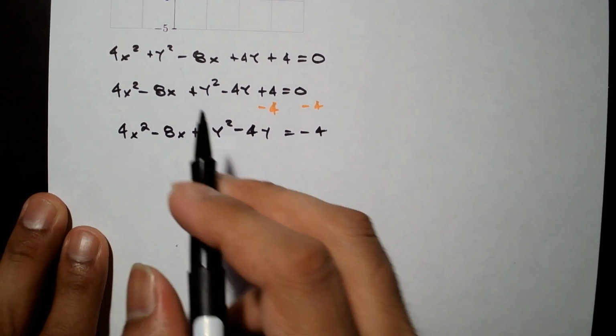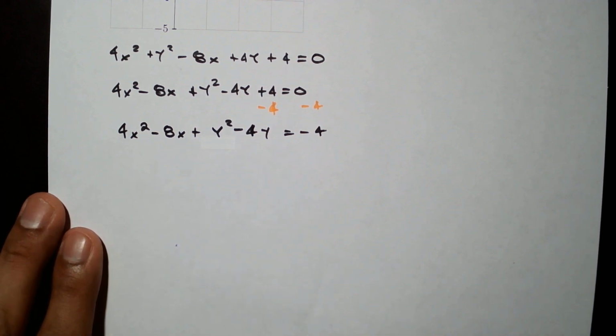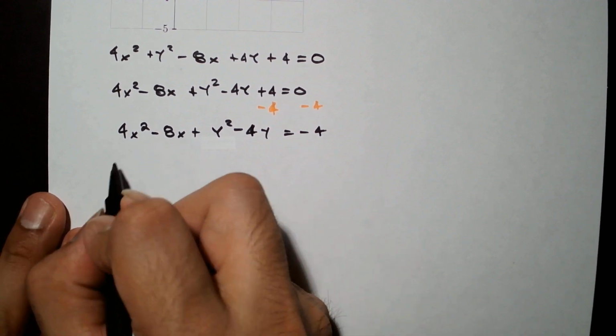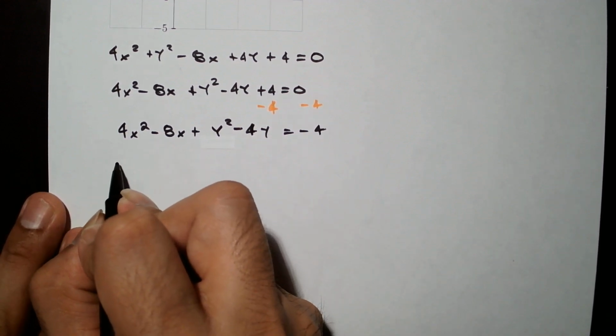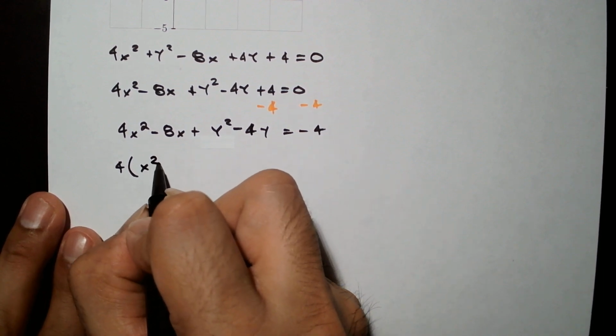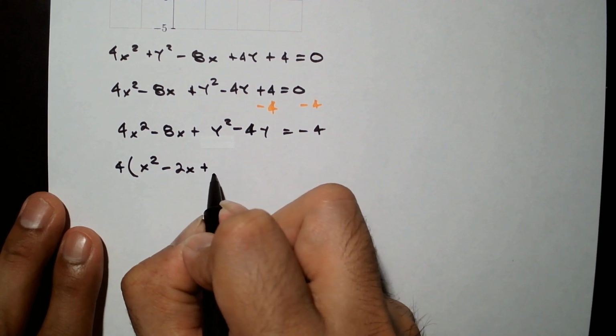Okay, so first, I need to make sure that the leading coefficient for the variable x is 1. So what I'm going to do, I'm going to factor the leading coefficient 4 times x squared minus 2x, and then I'm going to add a number here.